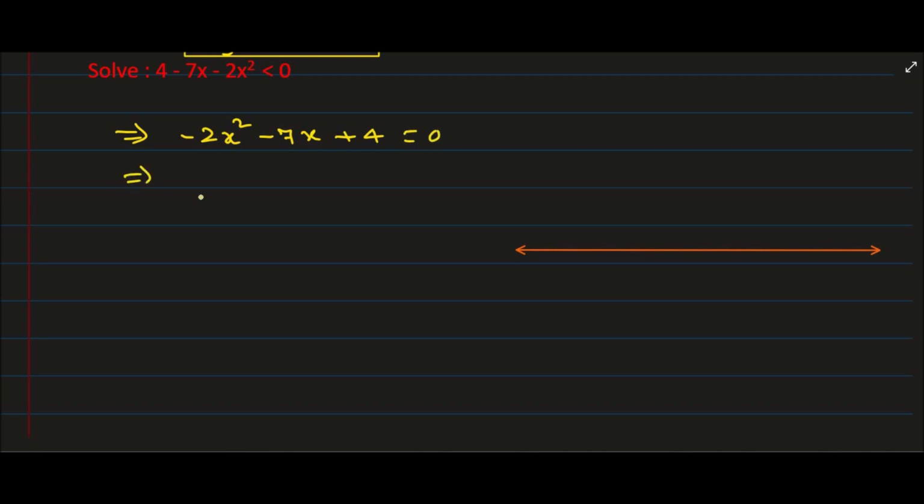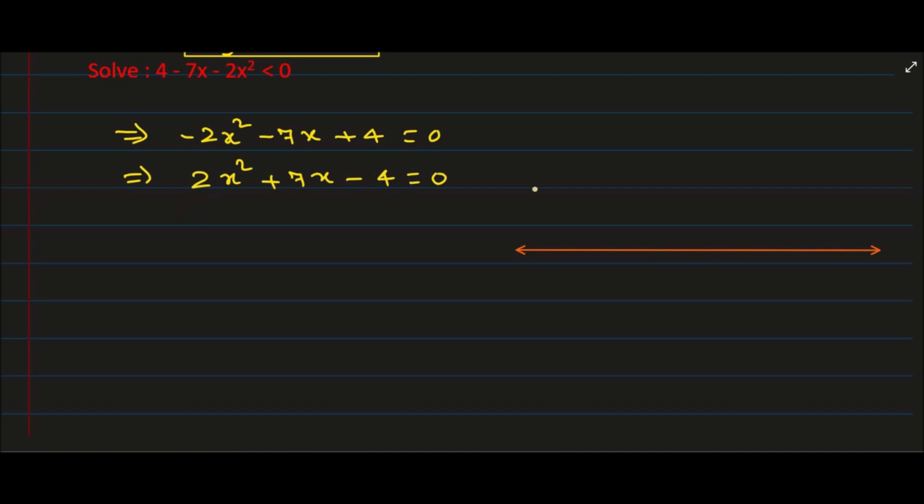Now the first term should be positive. So what we will be doing? Let us multiply all the terms by minus 1. So negative terms become positive, positive terms become negative. Let's write: 2x square plus 7x minus 4 equal to 0.